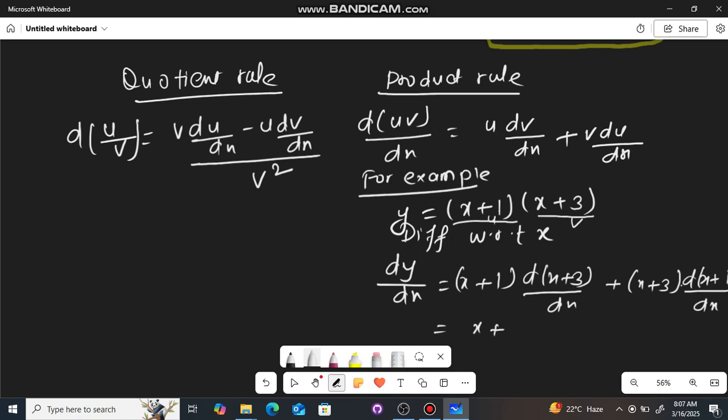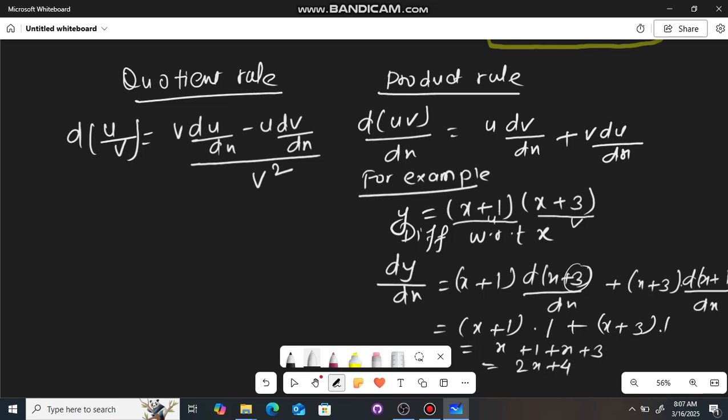Differentiating this, we are going to get 1, and the differentiation of 3 will be 0. Similarly, here we are going to get 1, and the differentiation of 1 will be 0. So (x plus 1) plus (x plus 3), which will be 2x plus 4, will be our final answer.